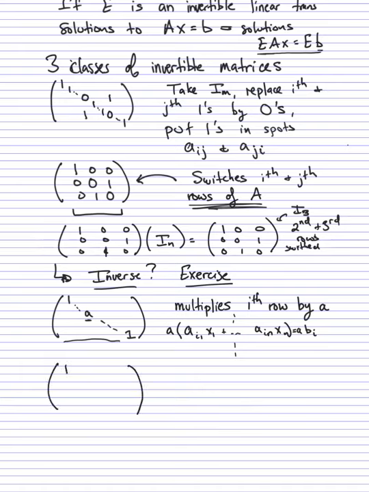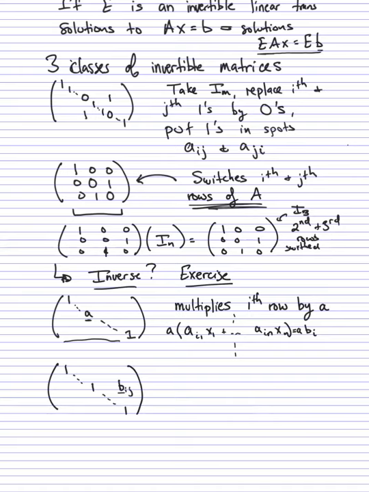Finally, there is one where you take the identity matrix, leave it as it is, and then put B in a spot where everything else is 0, except for one non-zero entry B, which is in, say, the ijth slot.